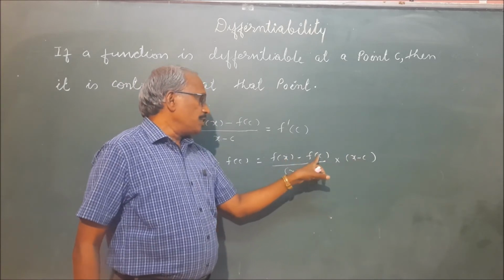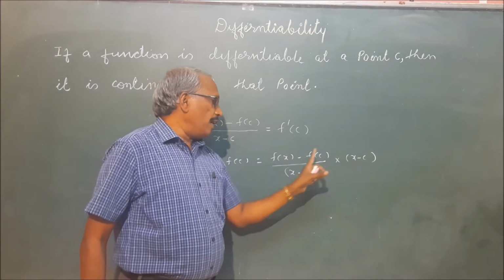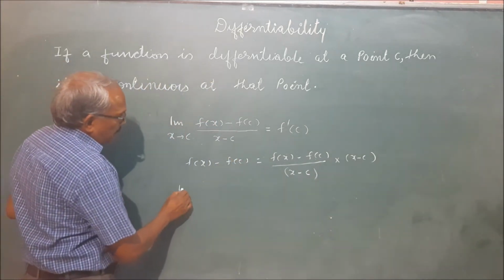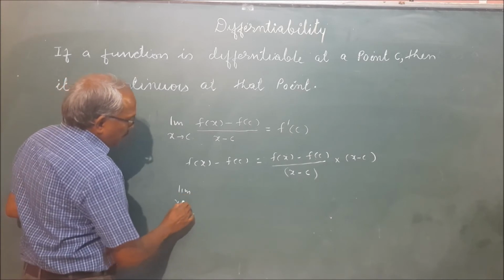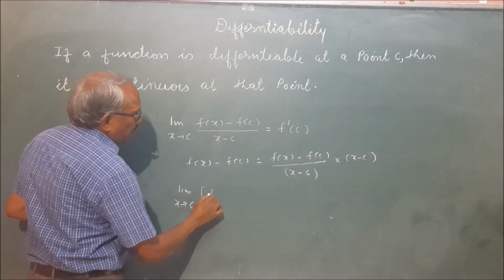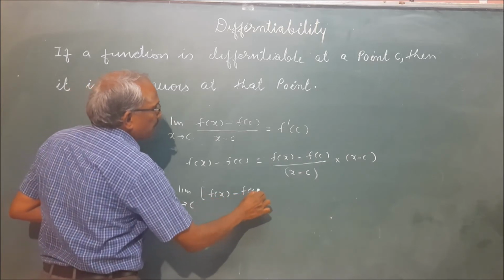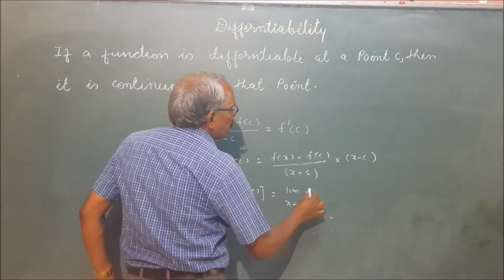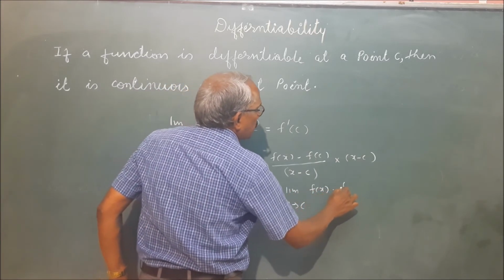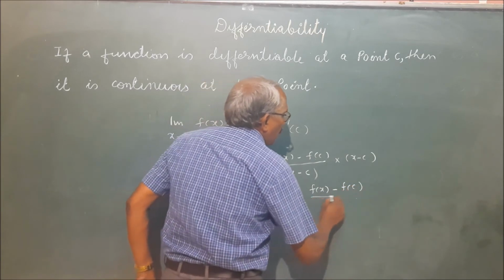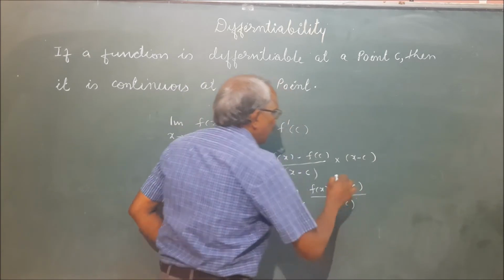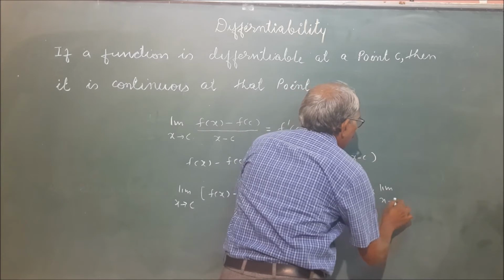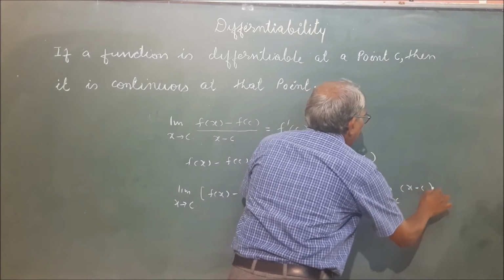We are multiplying this function by x minus c and dividing by the same. So taking the limit on both sides, limit x tends to c, f(x) minus f(c) is equal to limit x tends to c, [f(x) minus f(c)] upon [x minus c], into limit x tends to c of (x minus c).